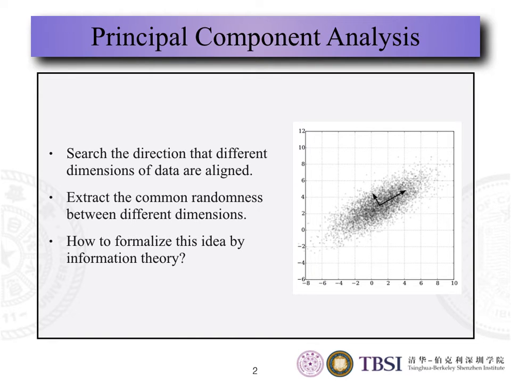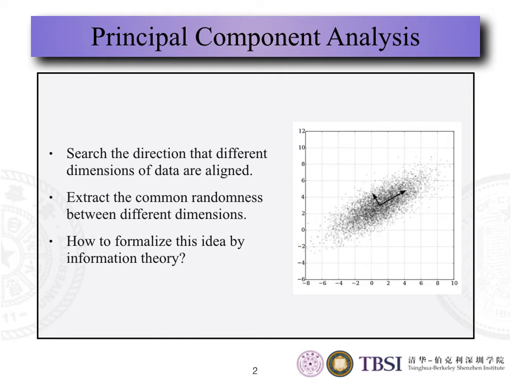So to get some intuitions here, let's think of how a typical unsupervised learning algorithm works. Perhaps the most widely used unsupervised learning algorithm is principal component analysis, the PCA. Given a collection of data vectors, the goal of PCA is to select the principal directions that can describe the data vectors very well, and it is implemented by the singular value decomposition of the empirical covariance matrix.